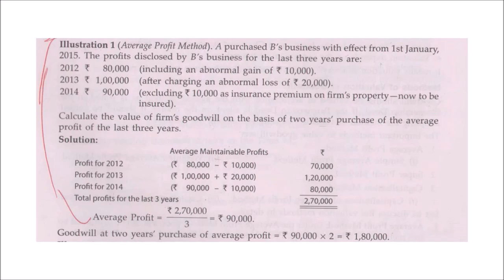The profits disclosed by B's business for the last 3 years are: year 2012, 80,000 rupees. It includes an abnormal gain of rupees 10,000. Year 2013, amount rupees 1 lakh.